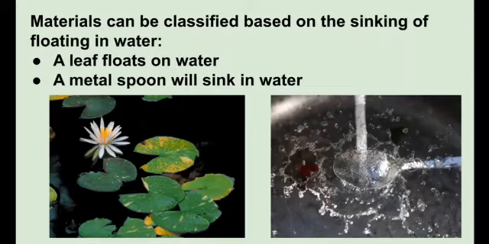Whether you have seen it or not, I don't know, but if you see a pond, have you seen the lotus? You might have seen the lotus flower. It is floating on the top surface of the water along with its leaves. So it is an example of floating objects.